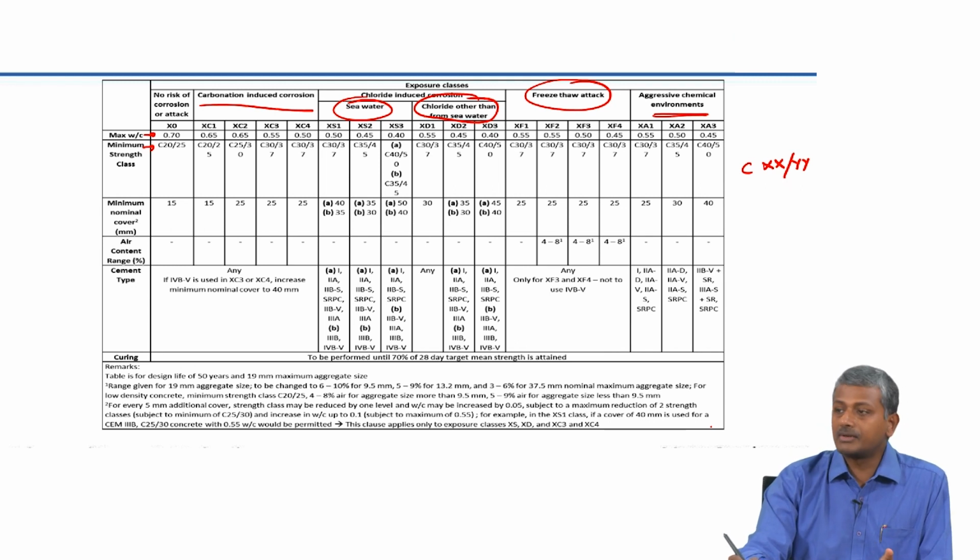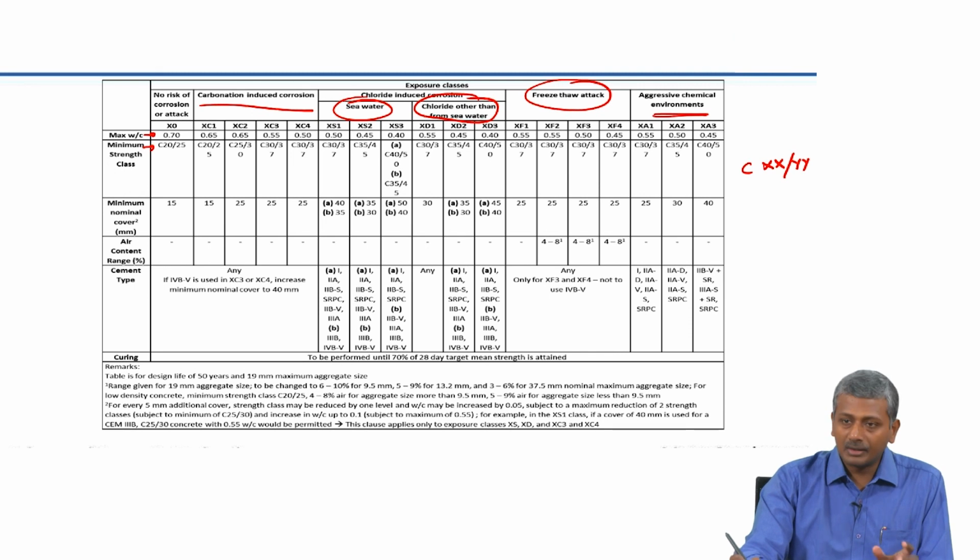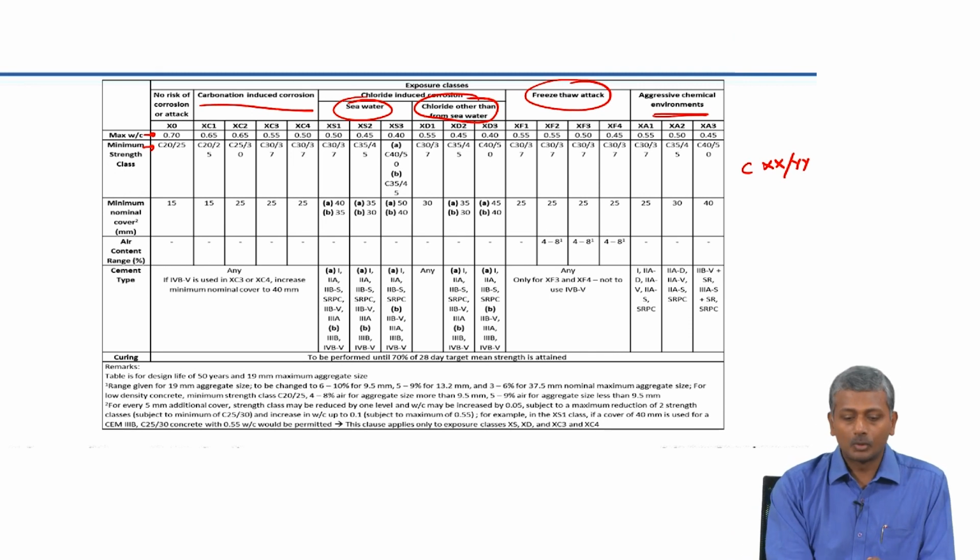So, one is a cylinder strength, the other is a cube strength, because in Europe certain countries use cylinder, certain countries use cubical specimens. So, they provide a table which has both cylinders and cubes specified.